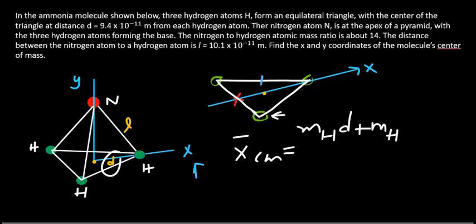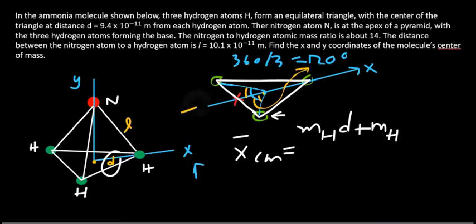Note that this is an equilateral triangle. What that means is, if you calculate this angle, and that angle, and that angle, they must be the same. And each is 360 divided by 3, which is 120 degrees. So this angle right there is 120 degrees. That means this is 60 degrees, and that is 60 degrees as well, because this axis divides that triangle equally through the center.